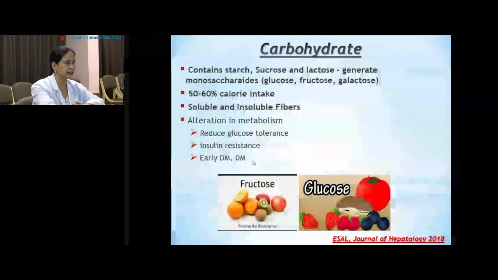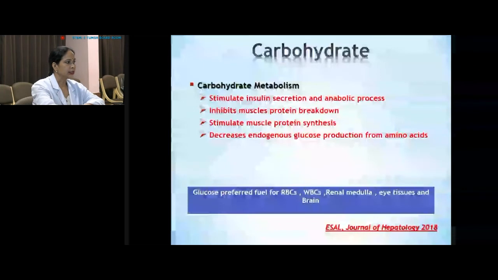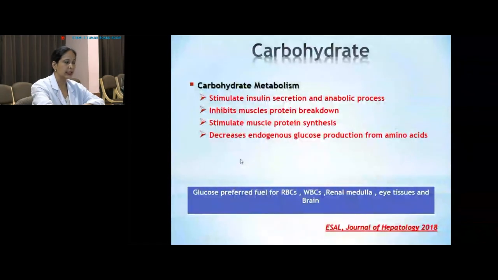Carbohydrate metabolism is important because it stimulates insulin secretion, reduces catabolic processes, inhibits muscle protein breakdown, and stimulates muscle protein synthesis.